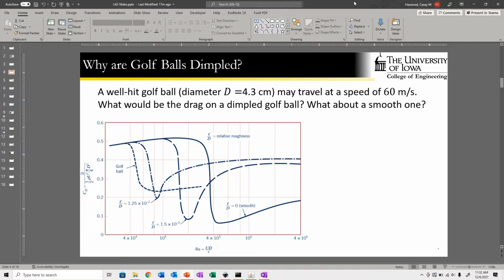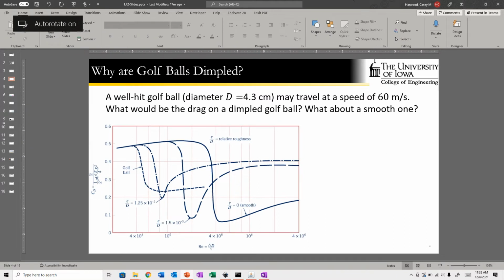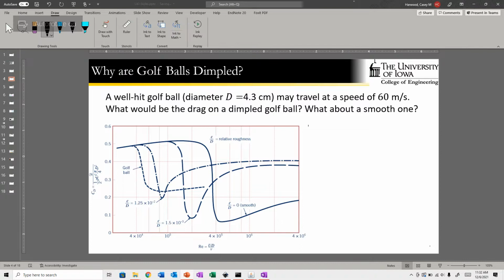The conventional wisdom would think that a perfectly smooth golf ball is going to have less drag, right? All those dimples probably increase the amount of drag on the surface. But if we actually run through the numbers here, we want to know the Reynolds number, which is going to be the speed times the diameter of the ball over the kinematic viscosity.